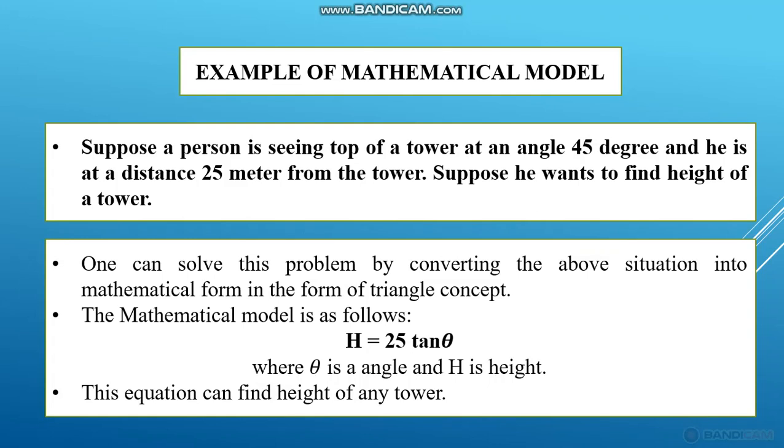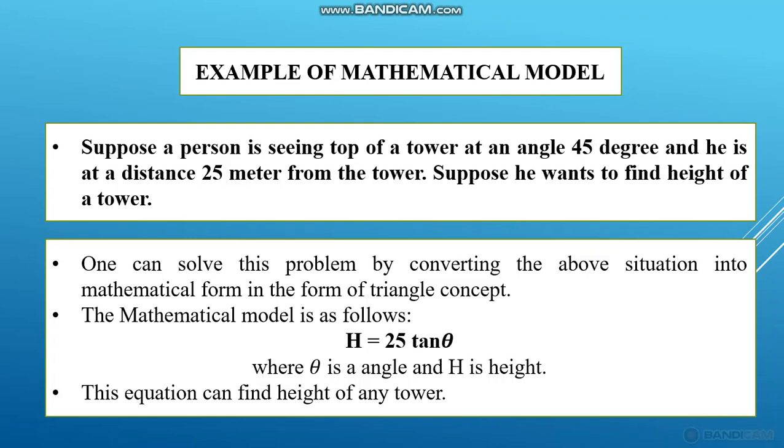To find the height of the tower, we are using a mathematical model. In this problem we are using the triangular concept. Here we are taking tan theta. Tan theta is equal to opposite side by adjacent side.